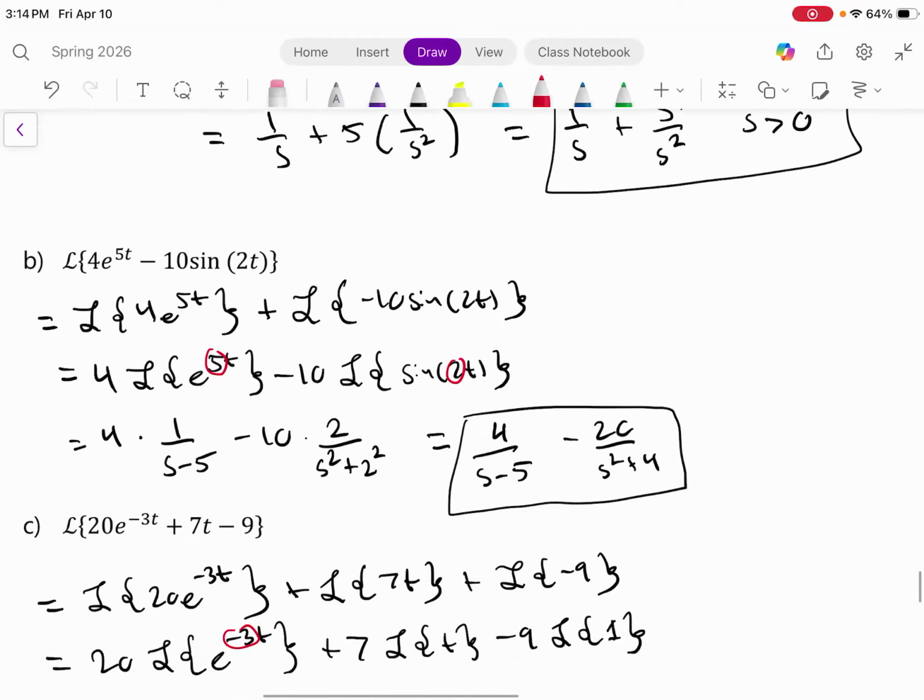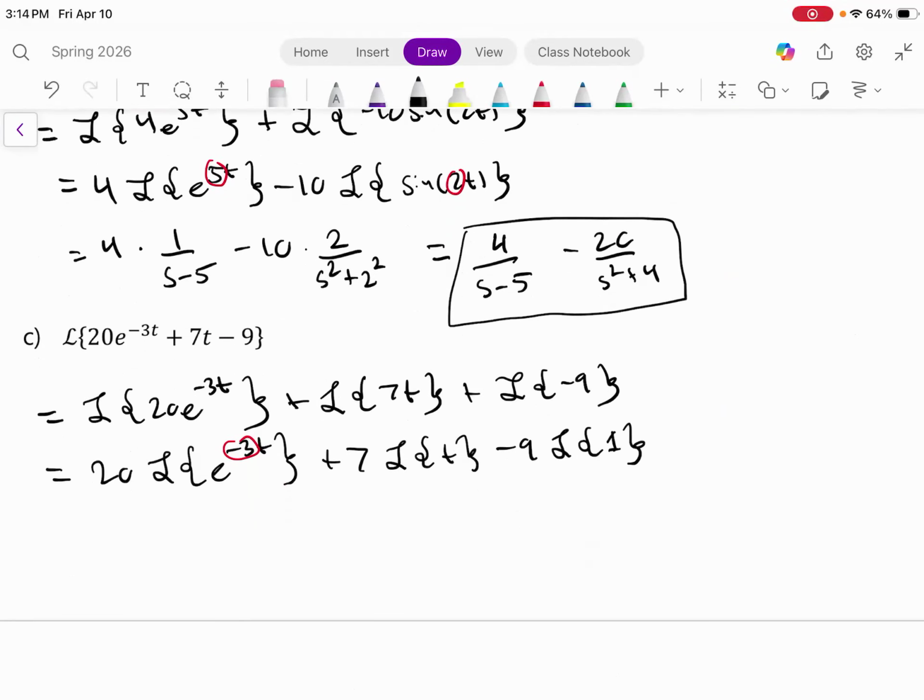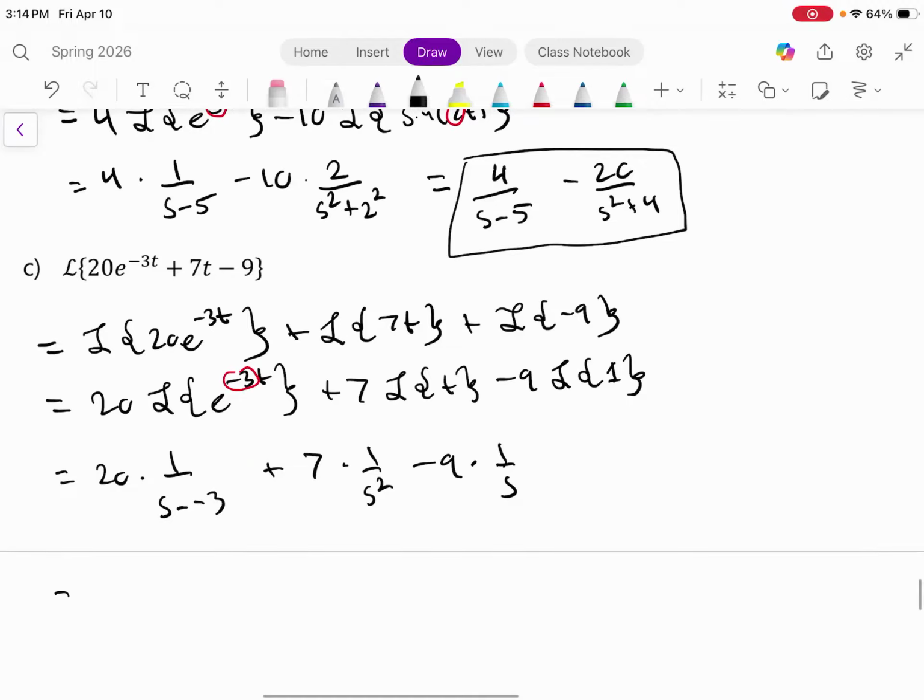So this would become 20 times 1 over s minus negative 3, plus 7 times t. We know what that is: that's just 1 over s squared. Minus 9 times the Laplace of 1, which we know is just 1 over s. And so our final answer is 20 over s plus 3, plus 7 over s squared, minus 9 over s.